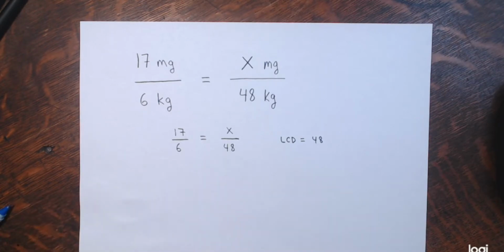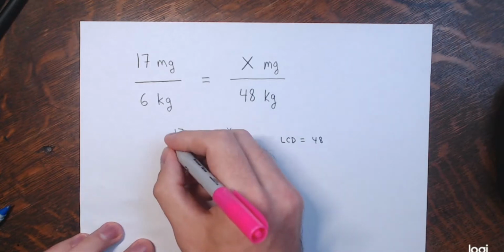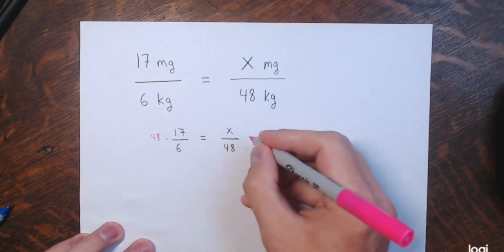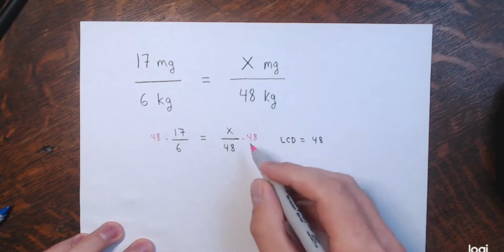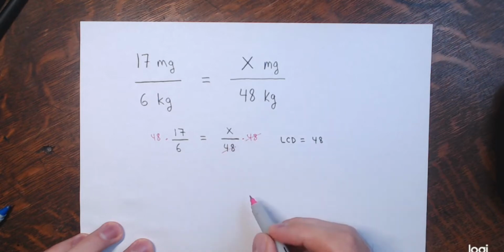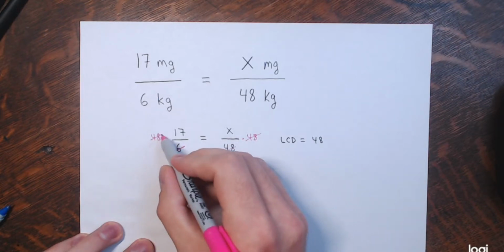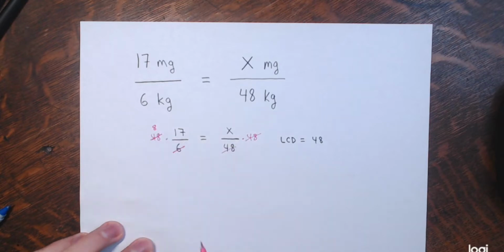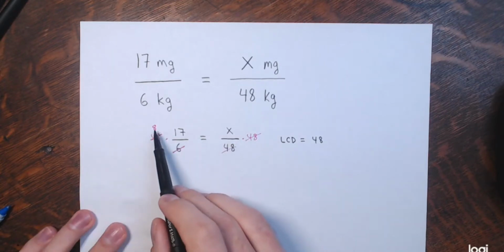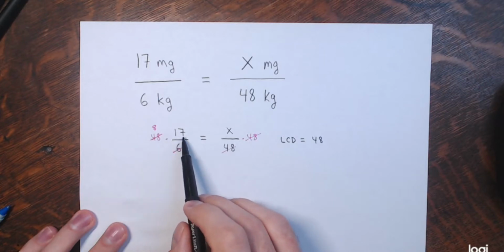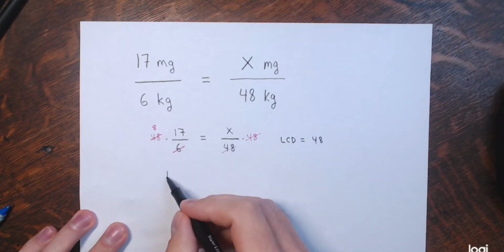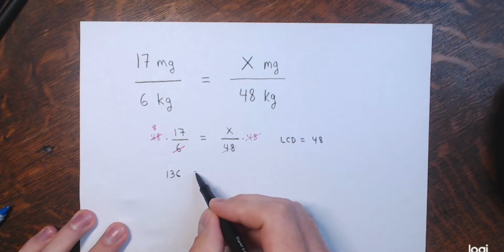So the least common denominator is 48. Multiply both sides by 48. The 48s are gone over here. 6 goes into 48 8 times, and you're left with 8 times 17 on the left. 8 times 17 is 80 plus 56, so it's 136 on the left and x on the right.